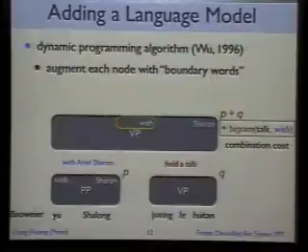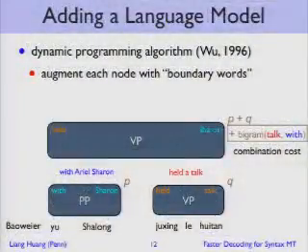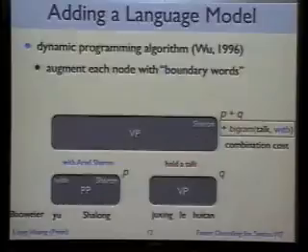So you have a probability like "with" given "talk" or something like that. And this is called a combination cost. And that's the additional thing that does not exist in translation model only decoding. So after you score this, you forget this and only keep track of two boundary words for one node. So you always keep the two boundary words. And then later on, when you combine this VP with something here in NP, you combine the held with the boundary words here.